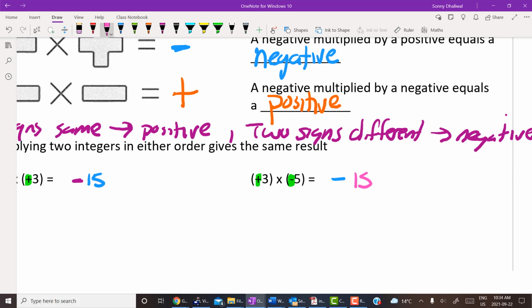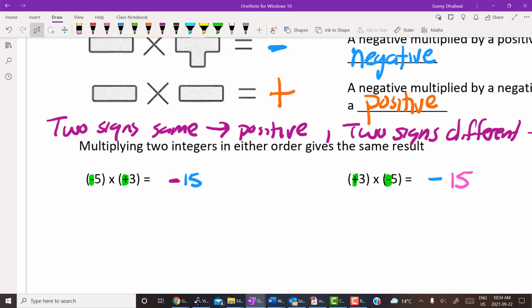Now, what I want you to notice with this question is these numbers here are reversed. When you're multiplying, the order doesn't matter.